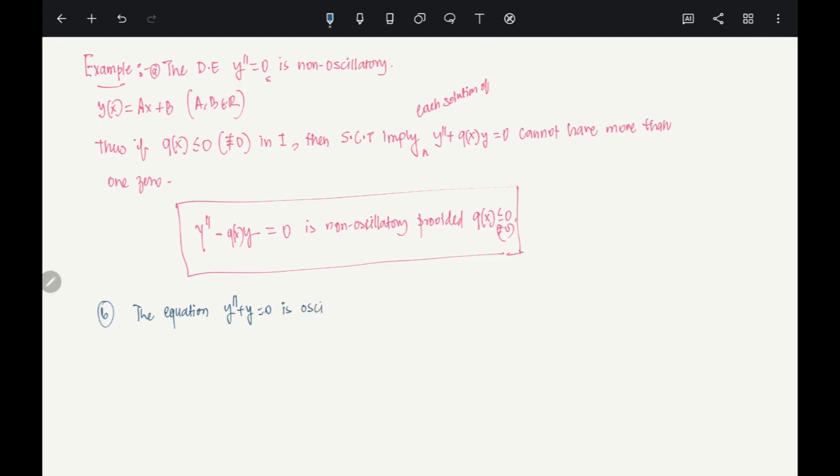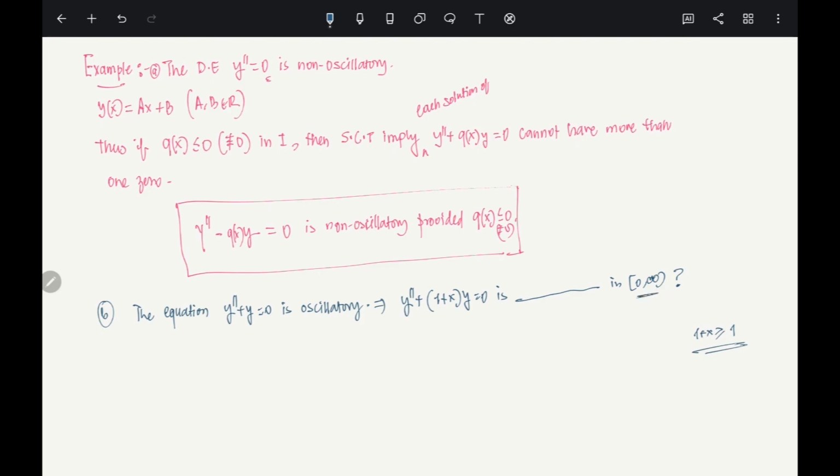This we know: oscillatory. So that will imply that y double prime plus (1 plus x) y equals 0 is what, oscillatory or non-oscillatory, in 0 to infinity? I want you to check this. Think about it: 1 plus x is always greater than or equal to 1 in this interval.